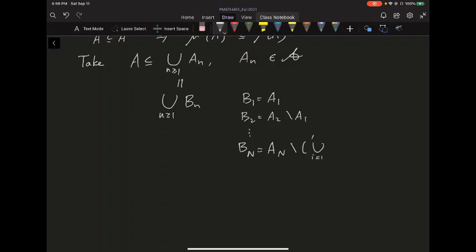So I go from i equals 1 to n minus 1 of these A_i, I take away from A_n, and so on. So now we have a collection of B, and we saw that these B are disjoint, and their union is going to be this union of A_n. So they have the same union.